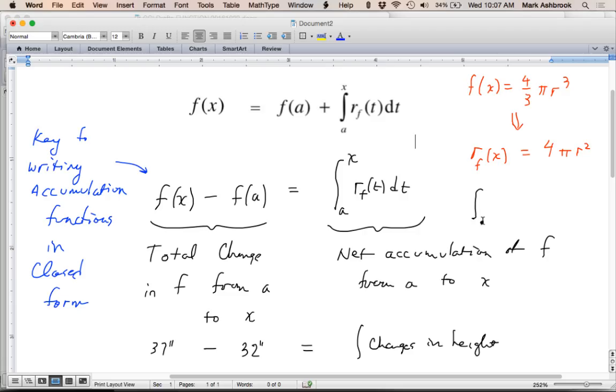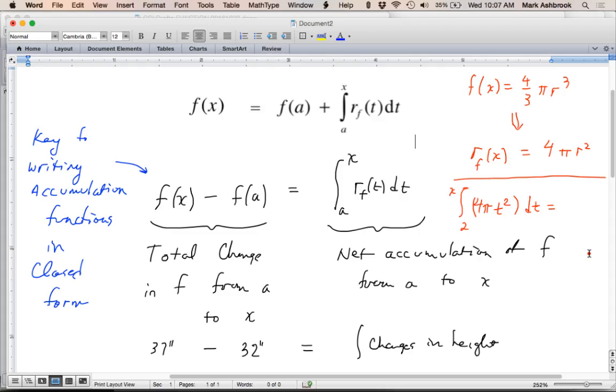say, keep going with red here to keep it separate, we not only found that this was the rate function, but we found if we came along to an integral like this, say from 2 to x of 4 pi t squared dt, we can write that in closed form now.